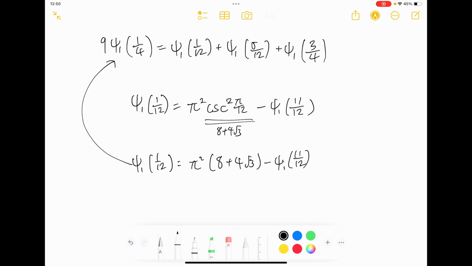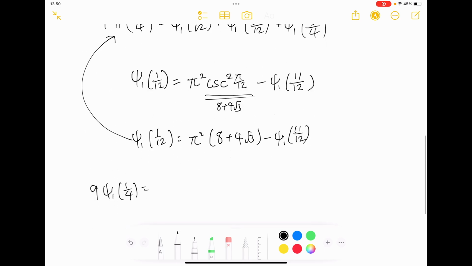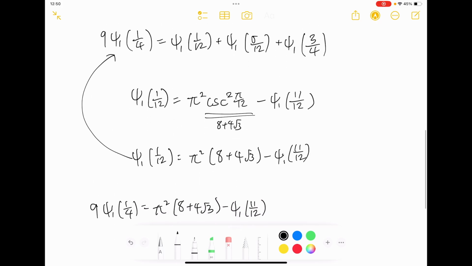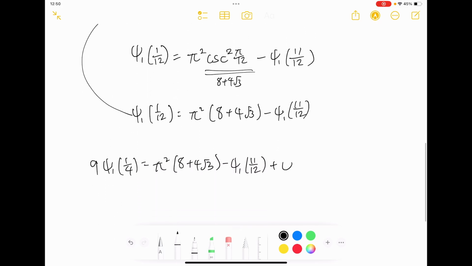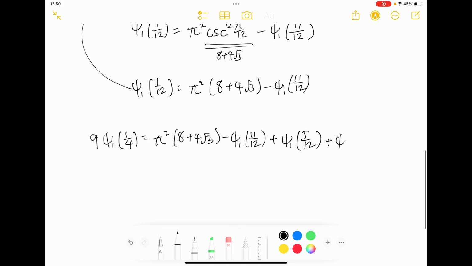So we will have 9 times psi 1 of a quarter is equal to this thing minus psi 1 of 11/12 plus psi 1 of 5/12 plus psi 1 of 3/4.